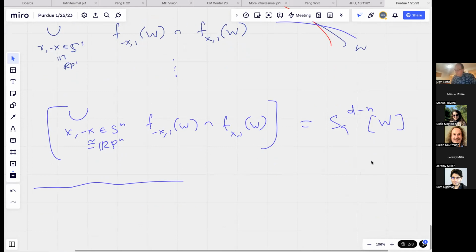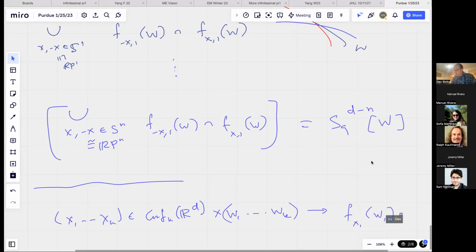But if I take X1 through XK in configurations of K points in R^D, and then W1 through WK, then I could map it to: I'm going to flow according to X1, W1, intersect flow according to X2, W2, and I'm going to take those fiber products.